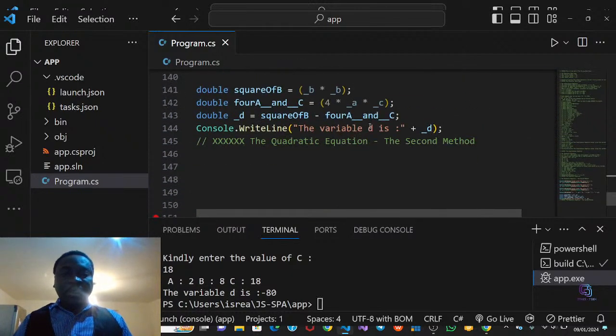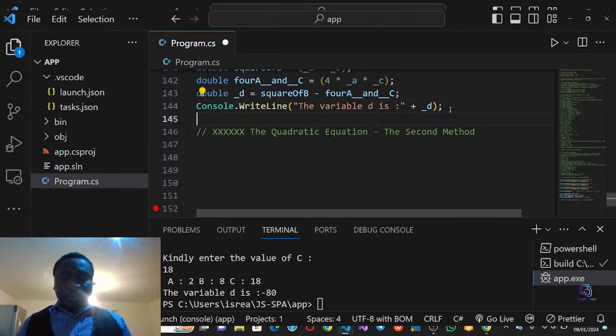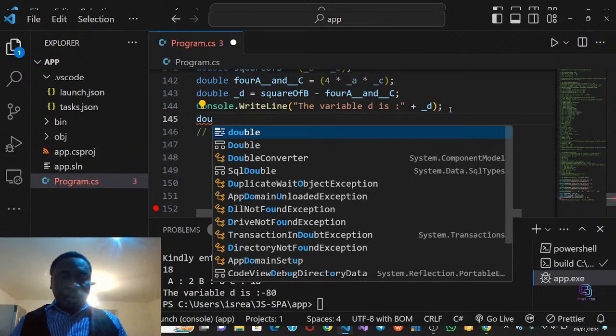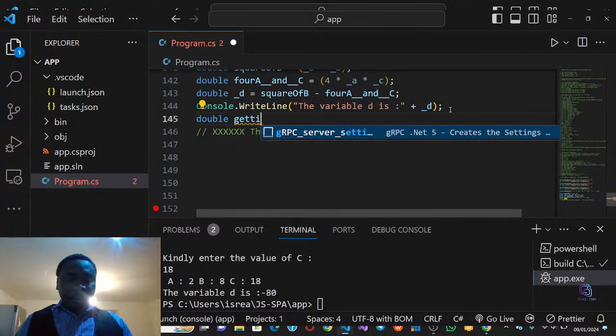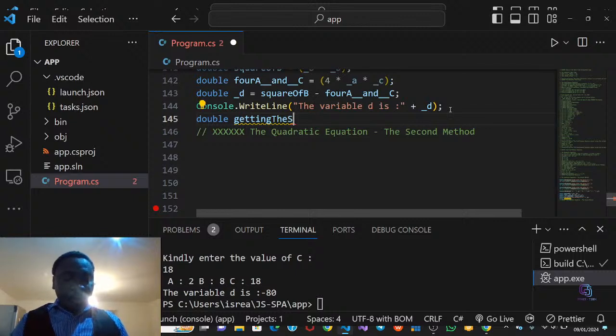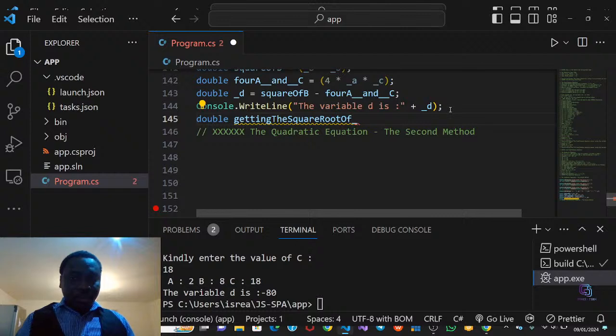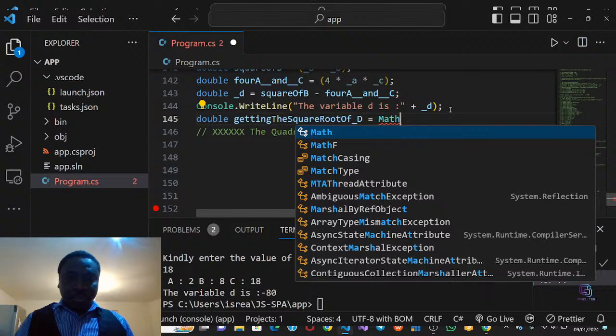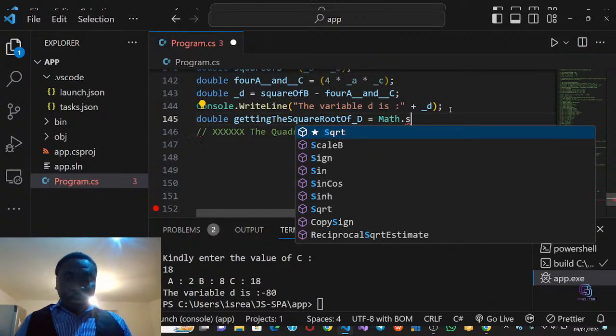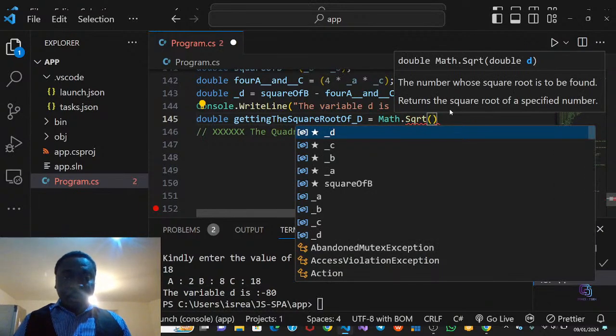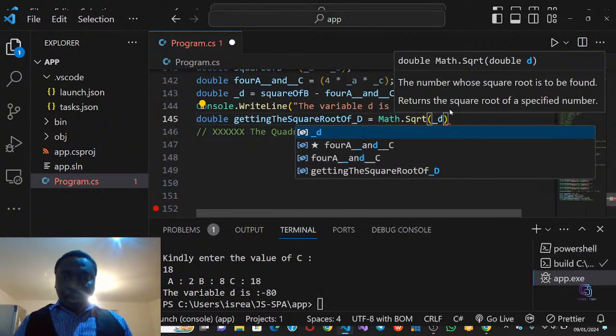So I'm going to write it: getting the square root of d, double, the square root of underscore d is equal to Math dot Sqrt of underscore d.